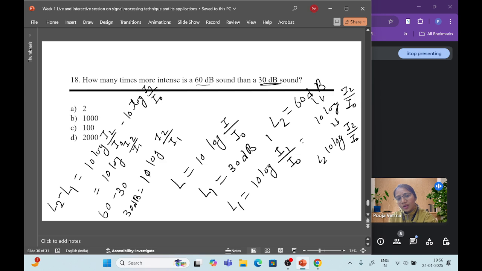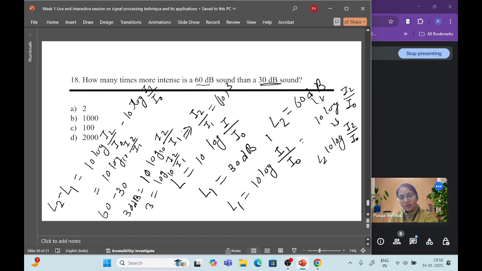Now convert it: 3 = log I2 divided by I1, with base 10 everywhere. Removing the logarithm, I2 divided by I1 is equal to 10 to the power 3.